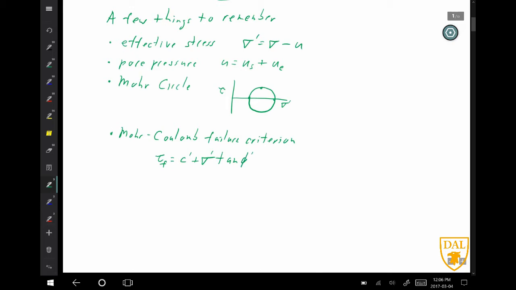And these are in terms of effective stress parameters. And just a little sketch here to remind you. Your failure criterion there is defined by these shear strength parameters, c prime and phi prime. So everything is in an effective stress configuration.